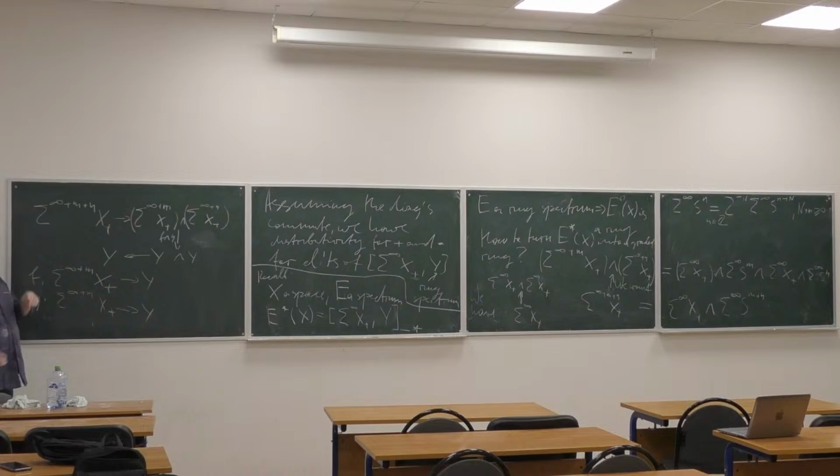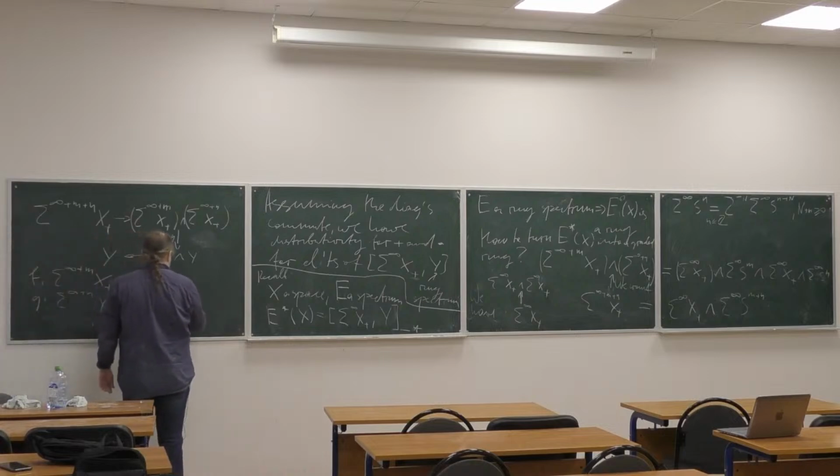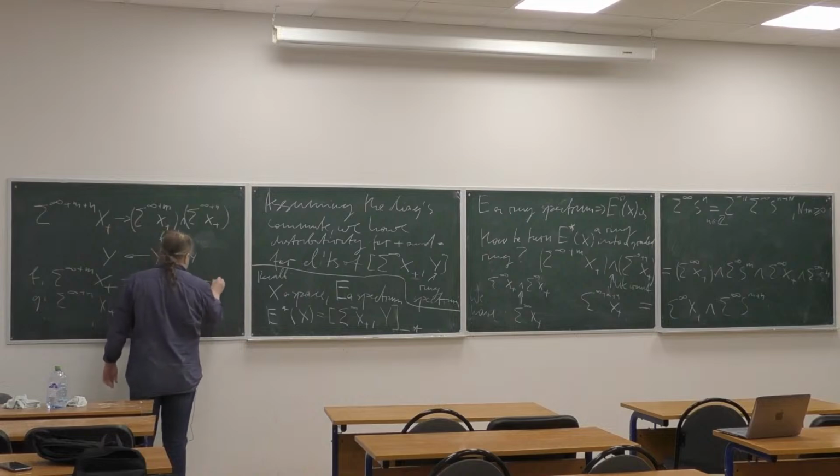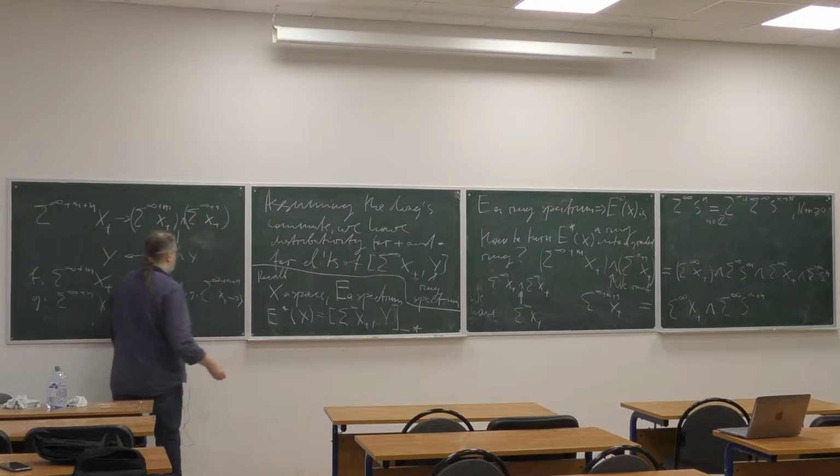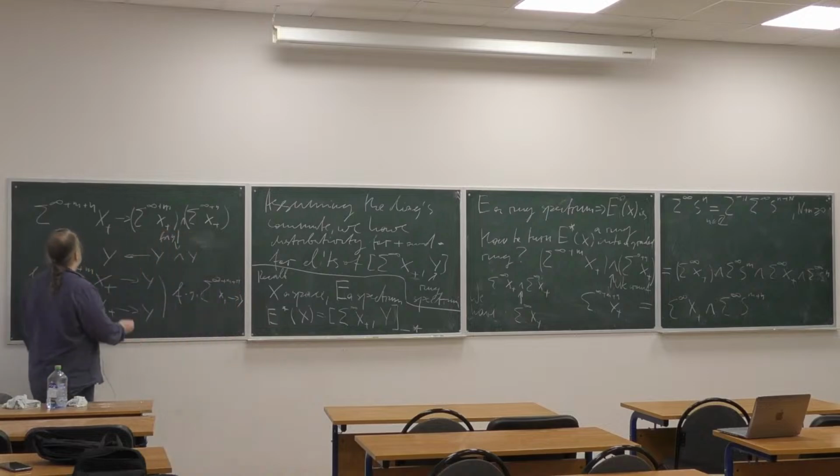The result should be infinity plus m plus n x plus 2y, if y is a ring spectrum.